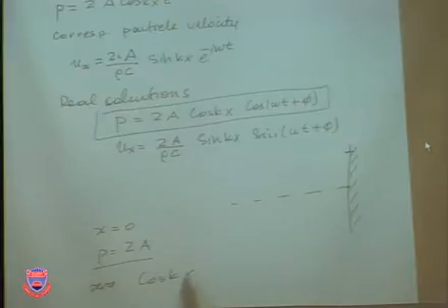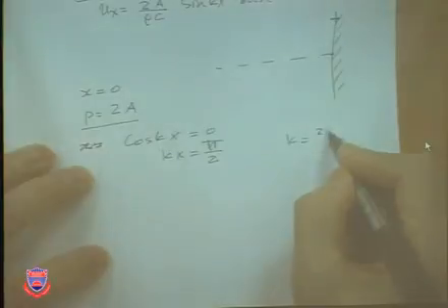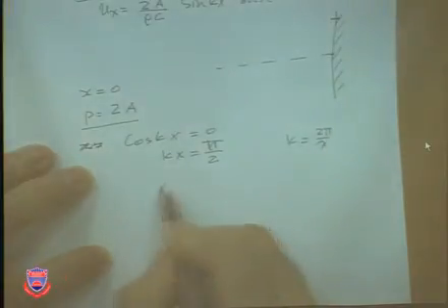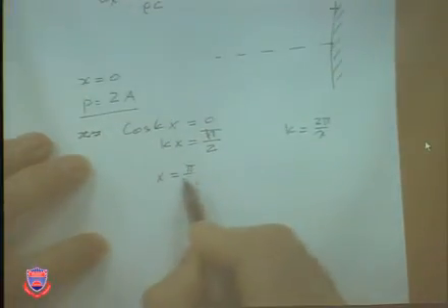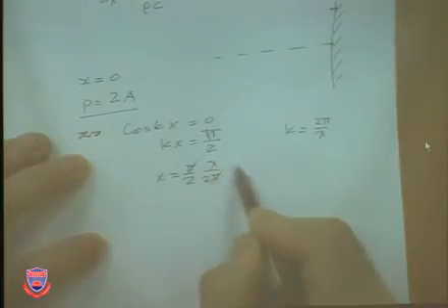To make cosine kx 0, kx the first time would be pi over 2, and k is... okay.